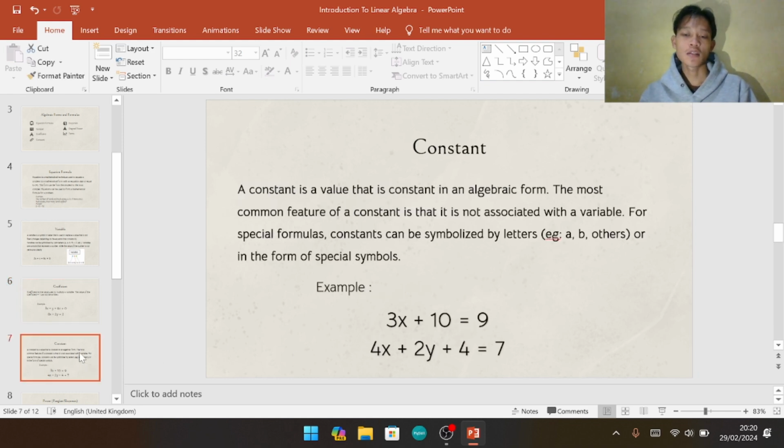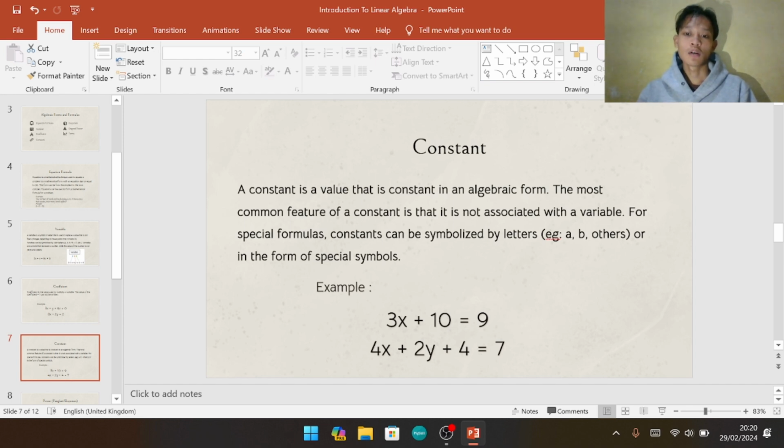So next, constants. A constant is a value that is constant in an algebra form. The most common feature of a constant is that it is not associated with a variable or special formula. Constants can be symbolized by letters A, B, and others, or in the form of a special symbol.